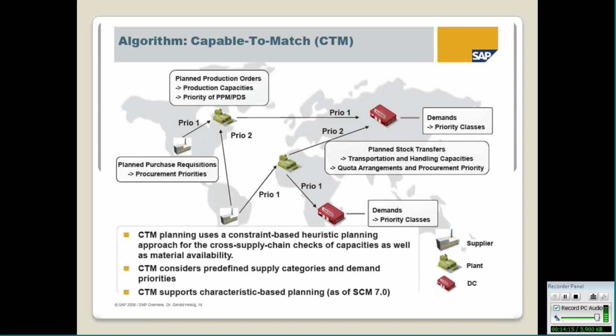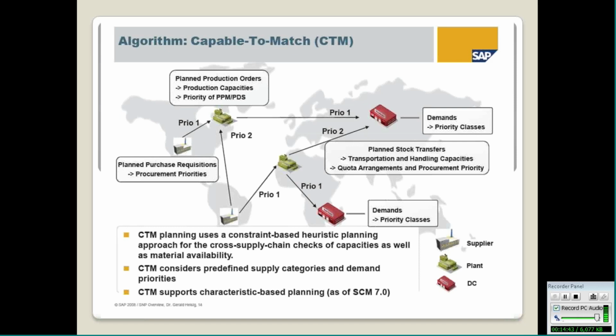So like that we can overcome this problem. And supply also we can categorize: first my target stock, then my normal stock, then the excess stock. So prioritize the demand and categorize the supply. That is the CTM, and here it will take the constraints and do finite planning.